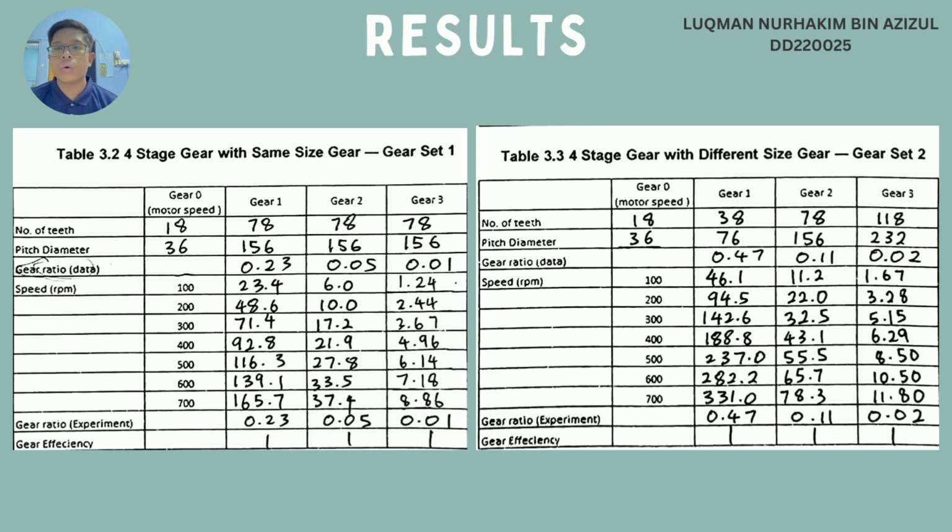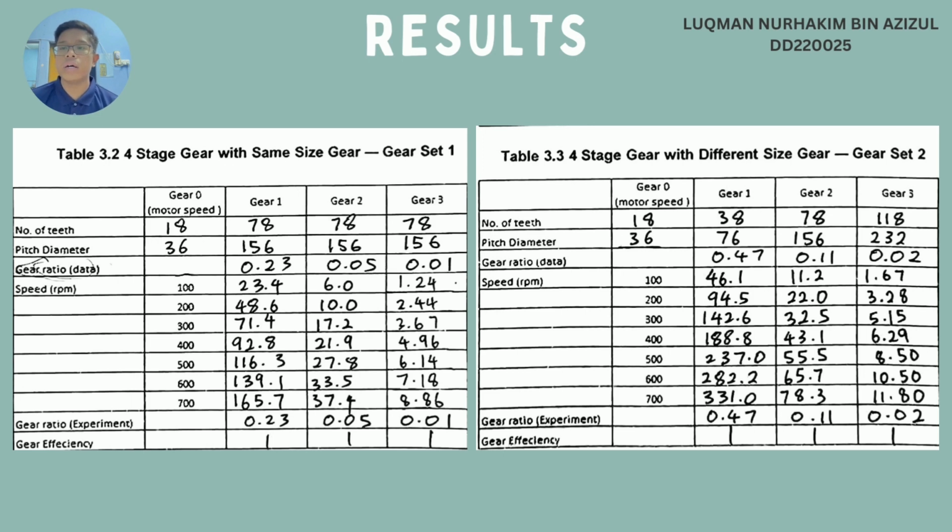Then we calculate the gear ratio, for data and experimental value, which is 0.23, 0.05, and 0.01 respectively. And then we calculate the gear efficiency, which for gear 1 is 1, and the same for gear 2 and gear 3.